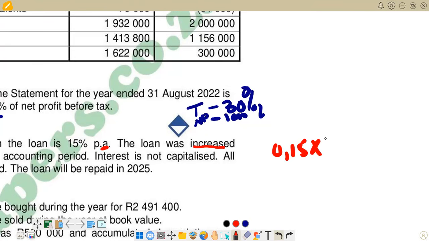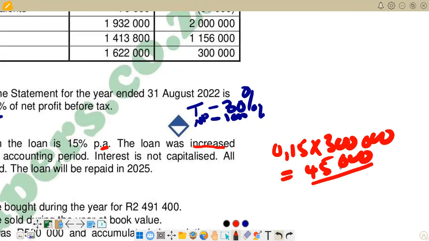Then we multiply by 300,000. So if you say 0.15 times 300,000, obviously you get 45,000 there. So this one applies for the whole year. This was the interest for the whole year for this 300,000.